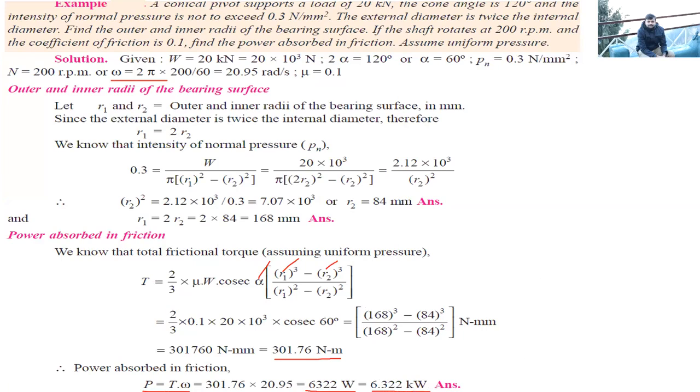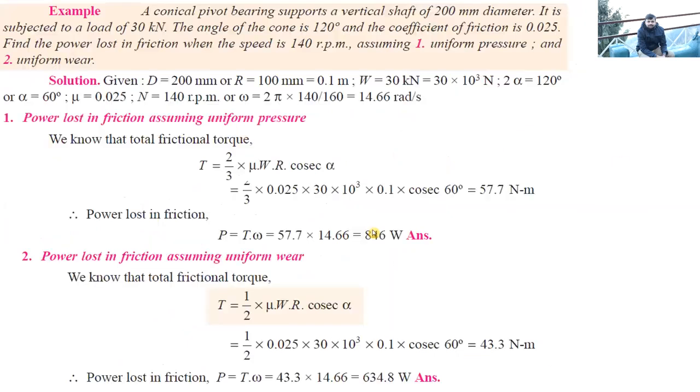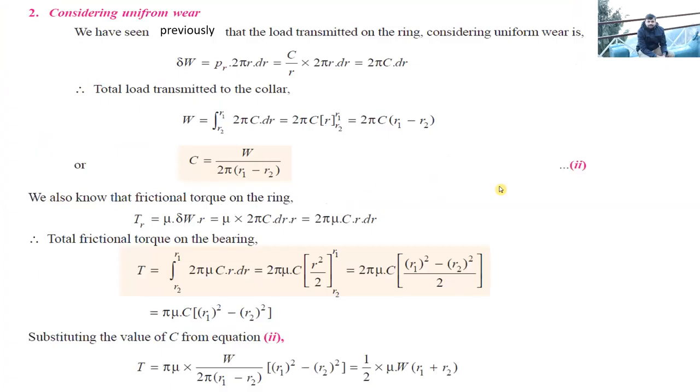As you can see, these are pretty much straightforward questions. Very simple questions are coming from this chapter, and the derivation is also very straightforward once you understand the diagram clearly. You need to follow the steps. First we determine the load coming on the elemental ring, then integrate it to get the complete load.